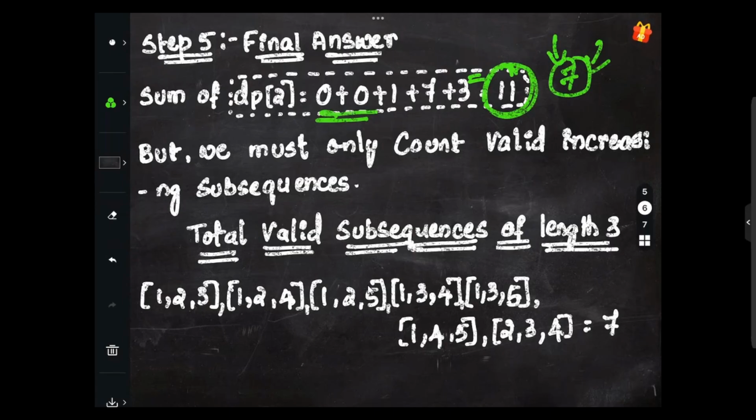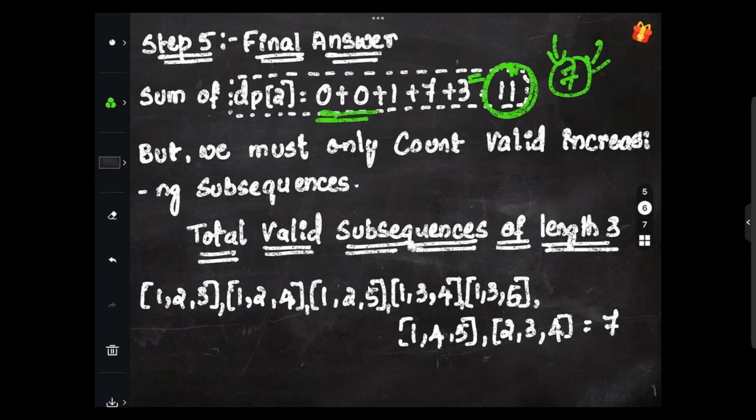But in the output they have given 7, right? One more thing: while discussing the question I said we must count only valid increasing subsequences. These two words play a vital role. Here, valid increasing subsequences means we have to consider only the valid increasing numbers.